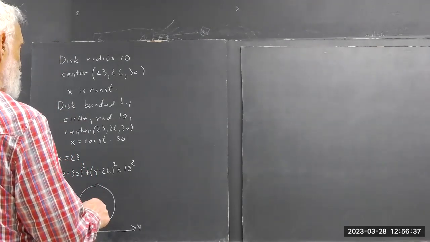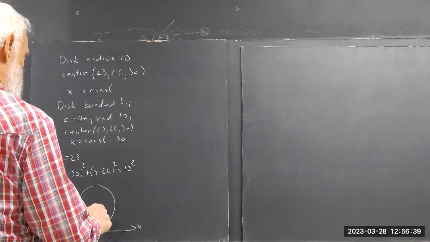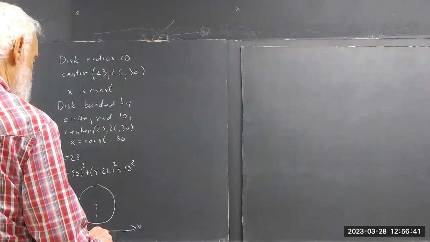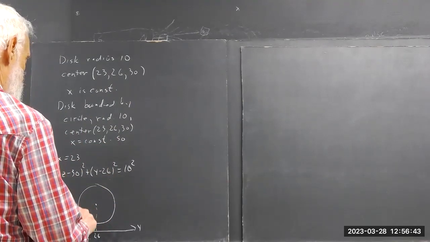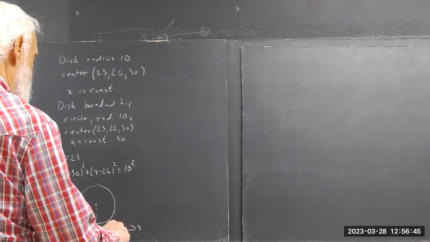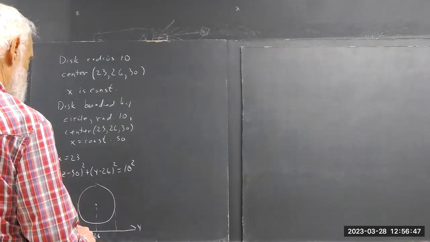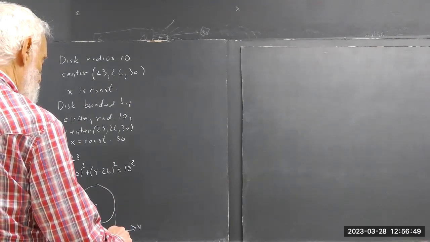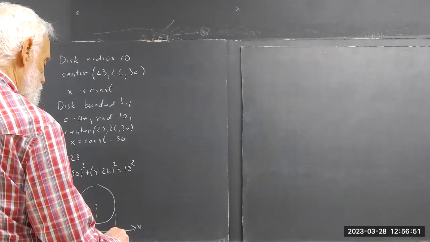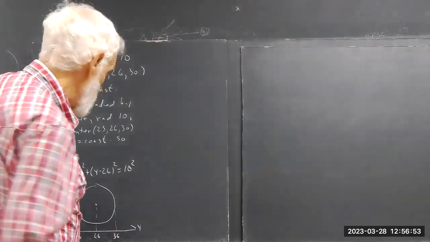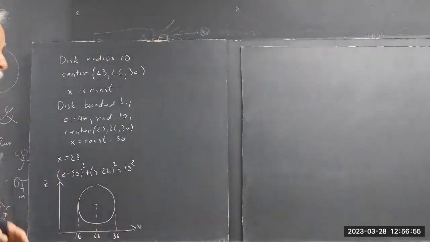Well, if the Y coordinate of the center is 26, then the Y coordinate here is 16, and the Y coordinate here is 36. So Y goes from 16 to 36.